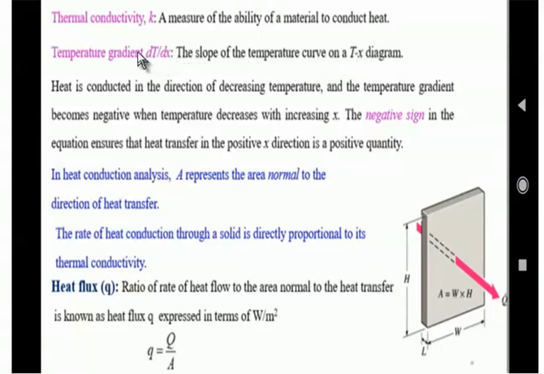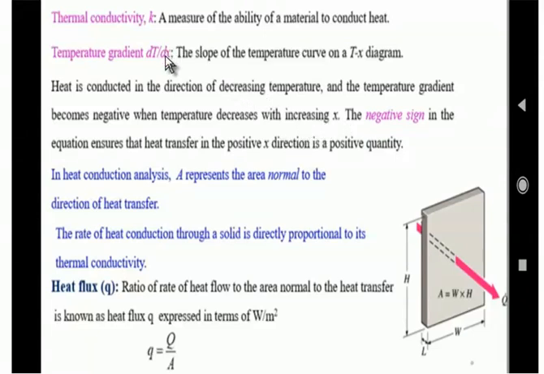Next, heat is conducted in the direction of decreasing temperature, and the temperature gradient becomes negative when temperature decreases with increasing x. So heat is conducted in the direction of decreasing temperature, and this dT by dx becomes negative when the temperature decreases with increasing x.